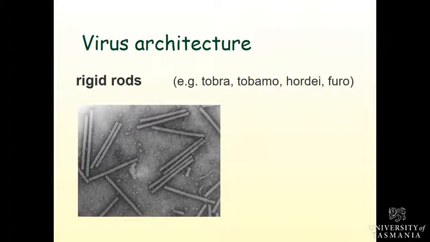What do viruses look like? Here are some electron micrographs, taken with an electron microscope, blown up bigger because it's on the screen, but the photo was probably taken at about 100,000 times magnification. You can split your viruses into four roughly major groups based on their architecture.